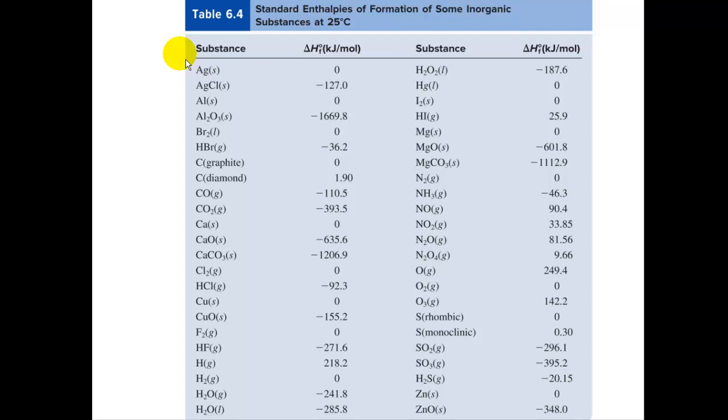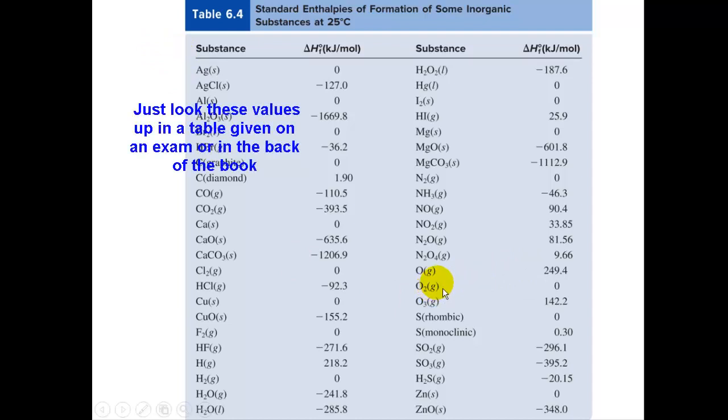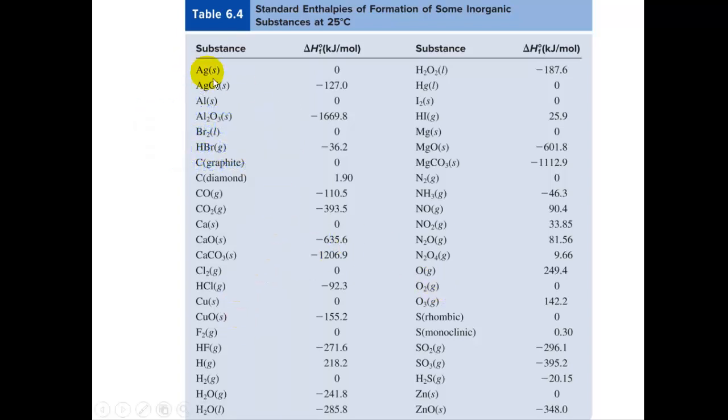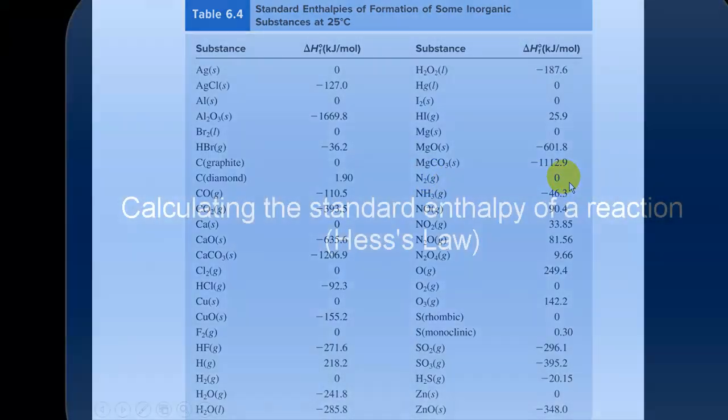So whether it's a solid, a liquid, a gas, or a diatomic, it really depends on that element in its most stable form, its most naturally abundant form. So the most naturally abundant form of silver is silver solid, and that's designated 0. The most naturally abundant form of nitrogen is N2, and it's a gas, and that's designated 0.